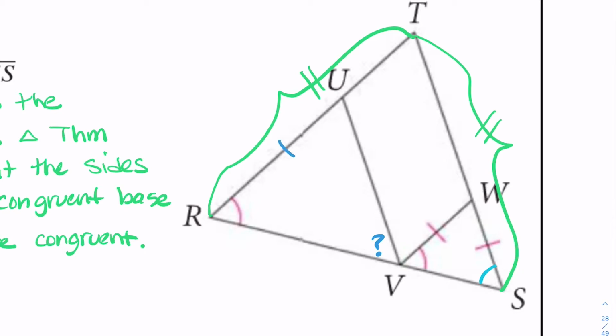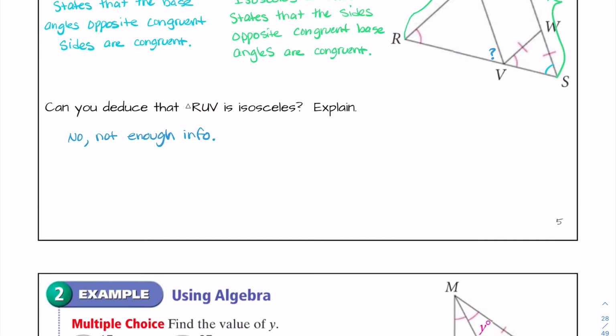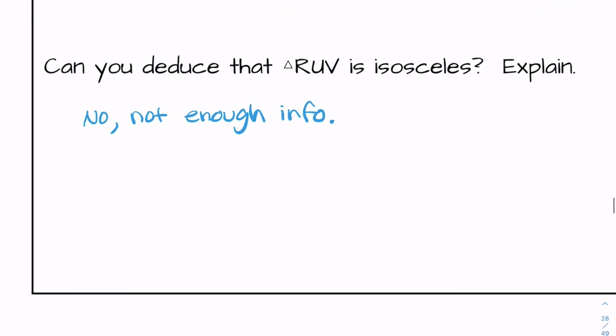If it said that this side and this side were congruent, then absolutely it would be. But we're going to say no, not enough information. We don't have any markings to determine this.